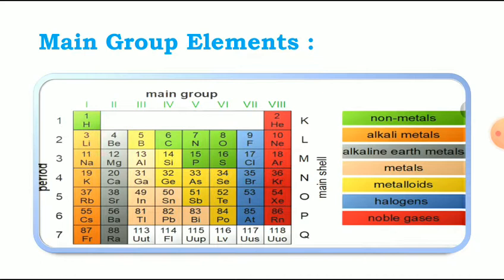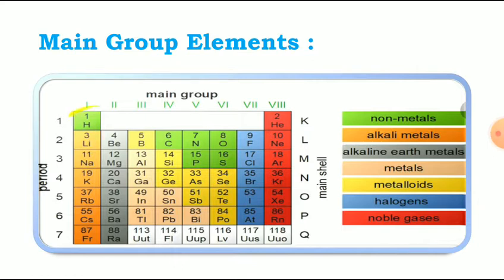The green part will be the non-metals, orange color the alkali metals, and gray color the alkaline earth metals.